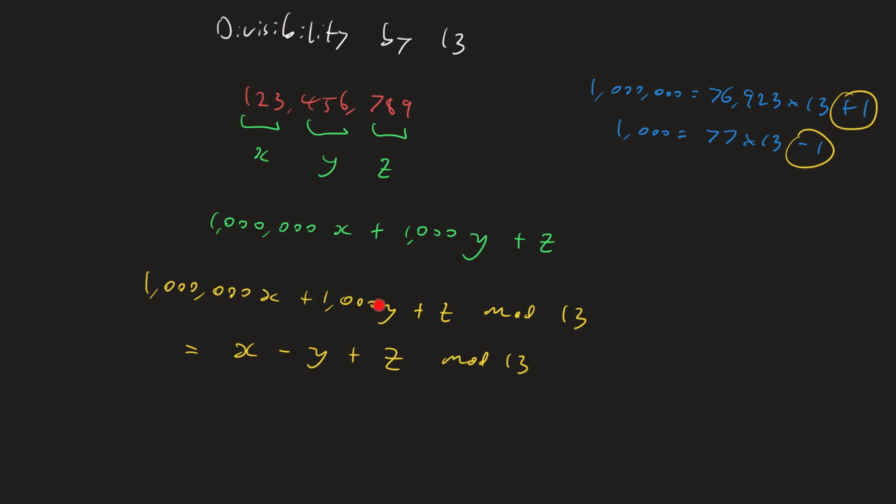So what we've shown is that computing what our original number is modulo 13 is the same as computing what x minus y plus z is modulo 13. So in particular, this number is divisible by 13 if and only if this number is divisible by 13, because a number is divisible by 13 if and only if modulo 13 it equals 0.